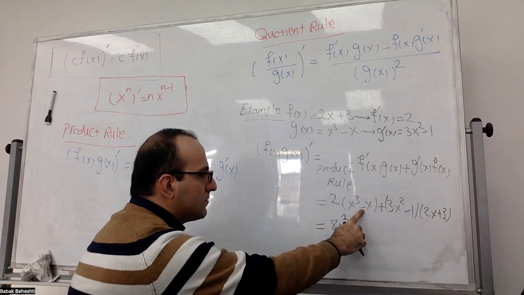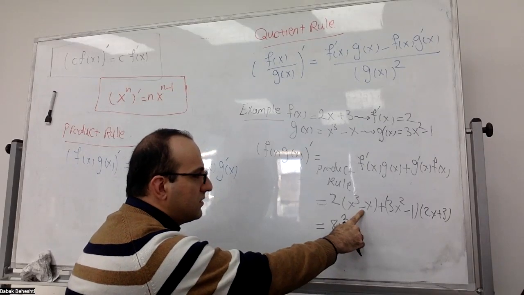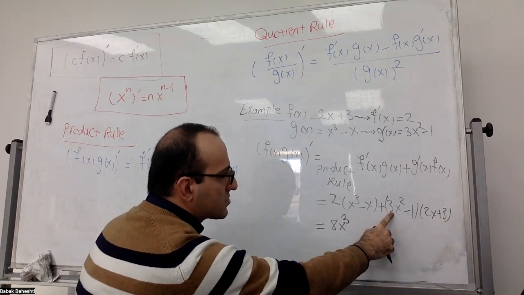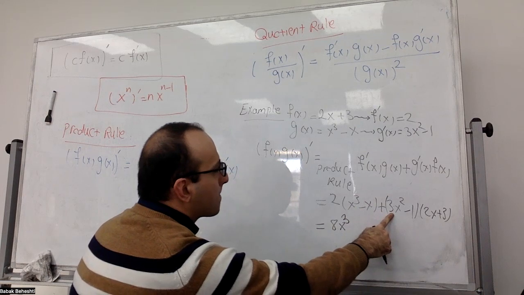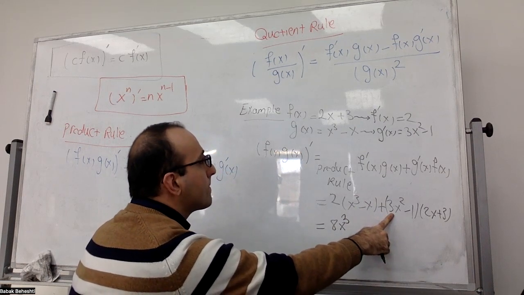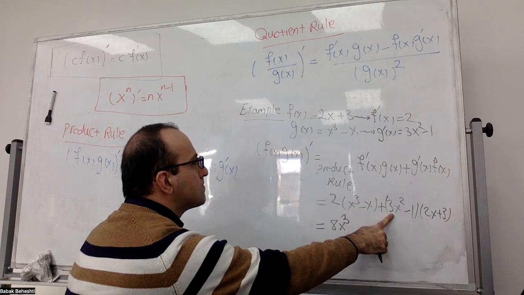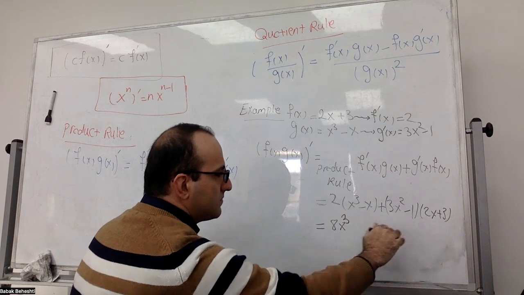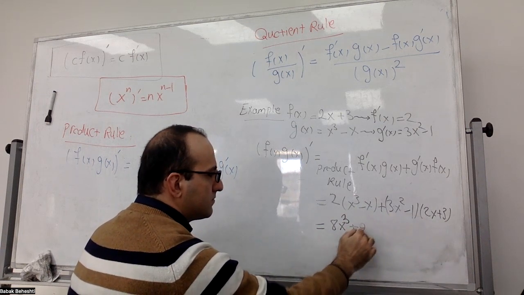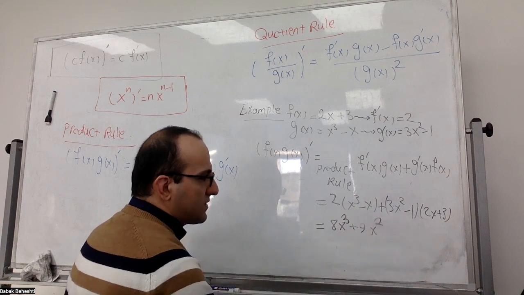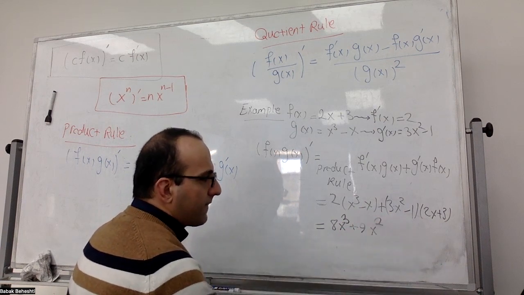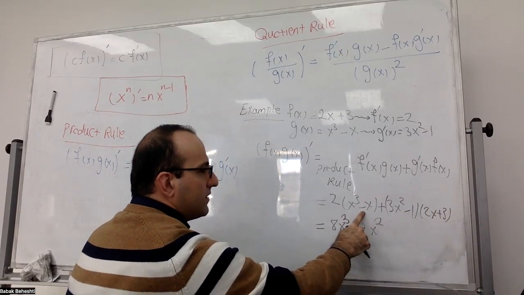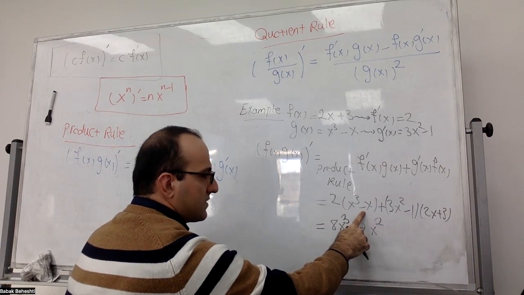Then you have 3x squared times 3, which is 9x squared. What else do you have? 9x squared, then you have minus 3, and you have minus 2x.